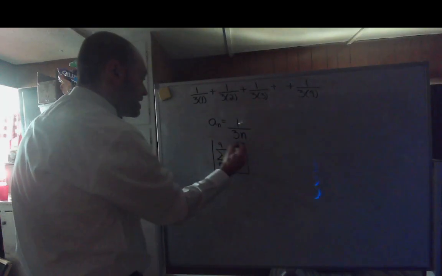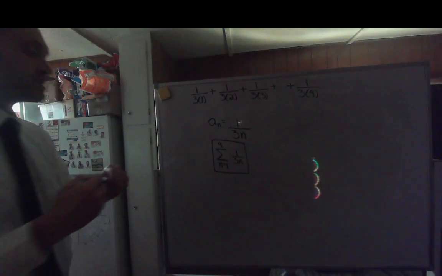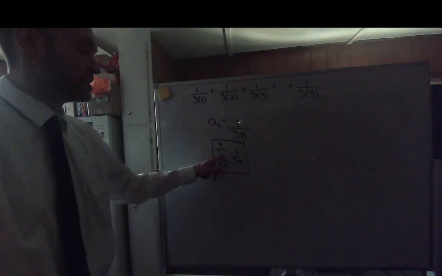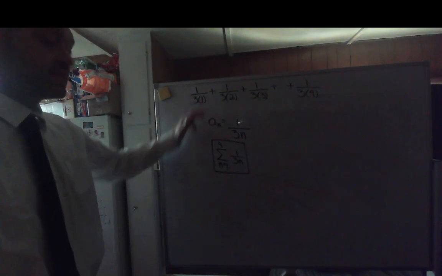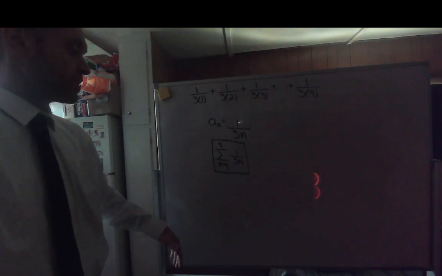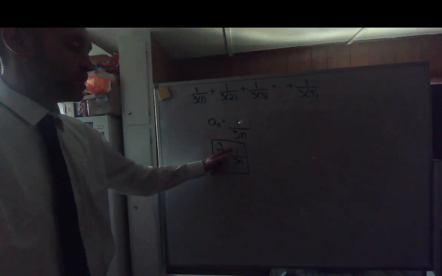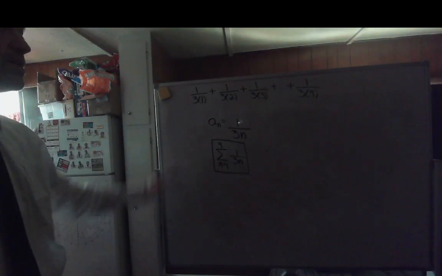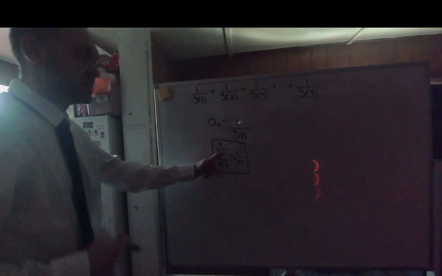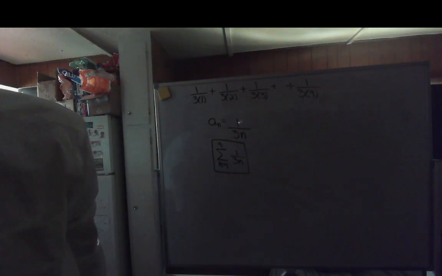So that is how we would express this sum in sigma notation. It means the exact same thing. So it's the sum from 1 to 9 of 1 over 3n. That's how you would express this particular series.